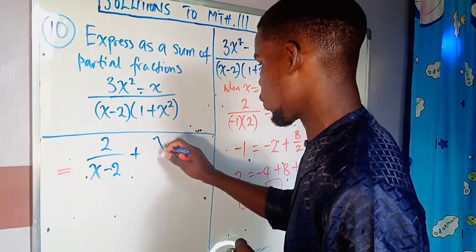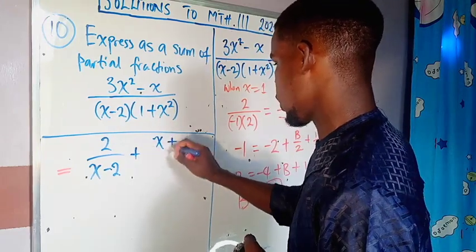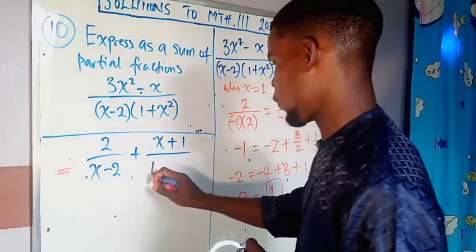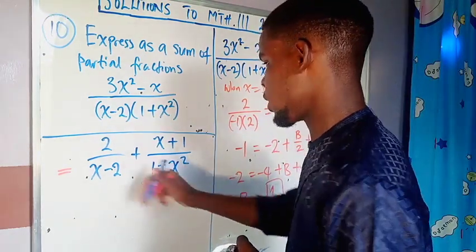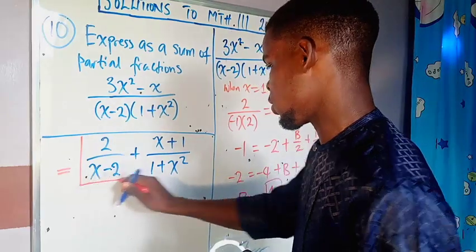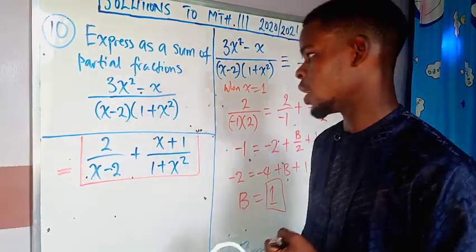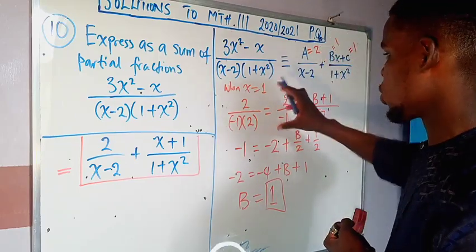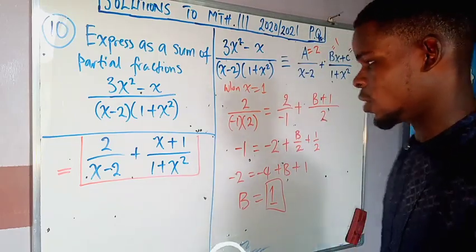So we're going to have x plus 1 because b here is 1, c here is 1, right? Divided by 1 plus x squared. We have 1 plus x squared. So this right here is the partial fraction for this big fraction right here, right? It's not hard to see. Just do some substitutions and get on with it, right?